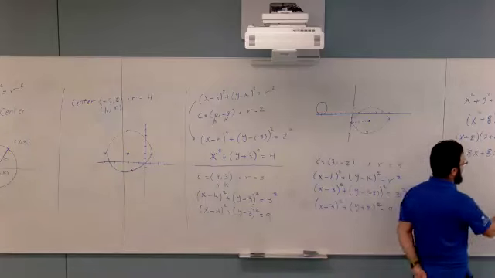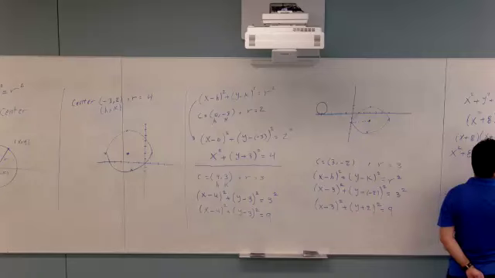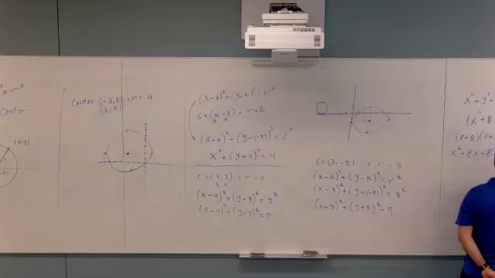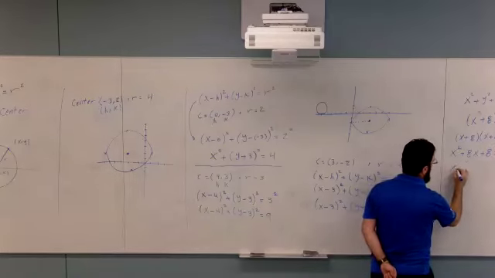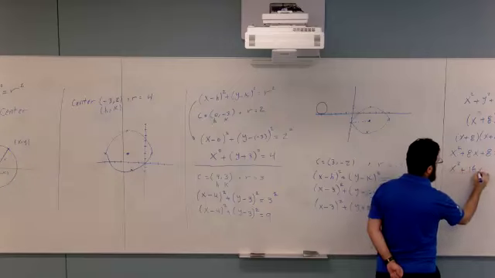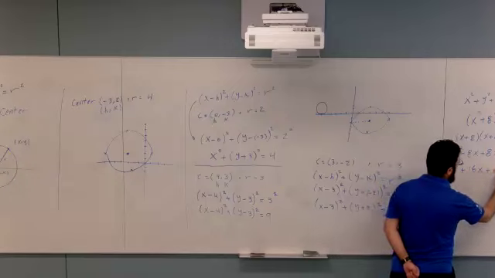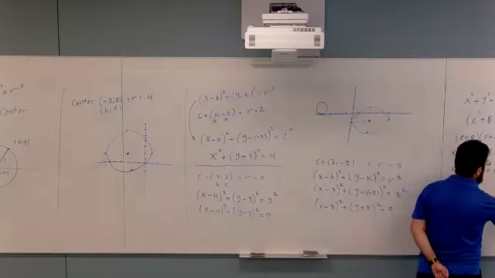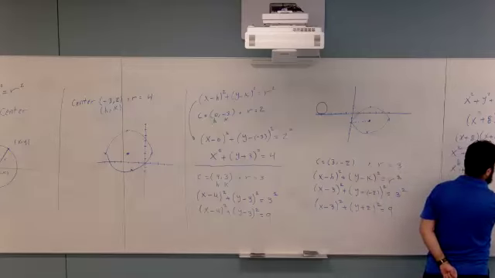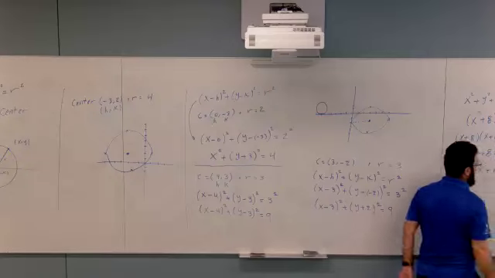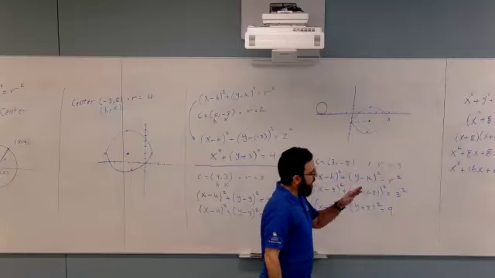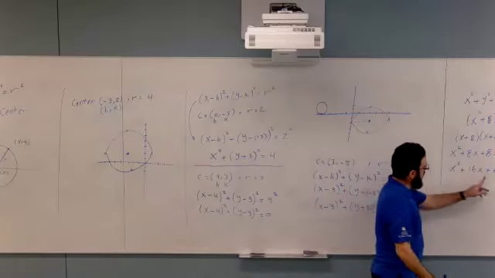What is the next one? y squared minus y minus y plus 1 equals 25. Combine the like terms: x squared plus 16x plus 64, plus y squared minus 2y plus 1 equals 25. Is that okay so far? Now, what do we have to do?